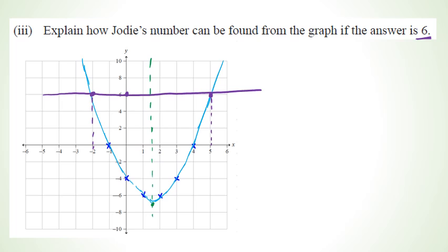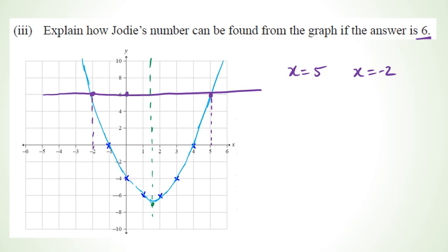Like you can see both answers. So in terms of explanation, guys, you actually need to explain that the solutions will be when the purple line equals 6, and this will happen when x equals 5 and when x equals -2. So you're going to have x equals 5 as one solution, x equals -2 as one solution as well.